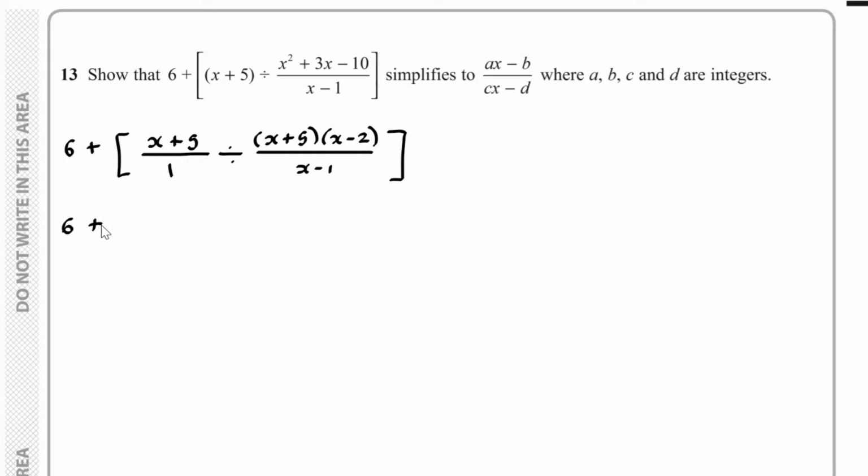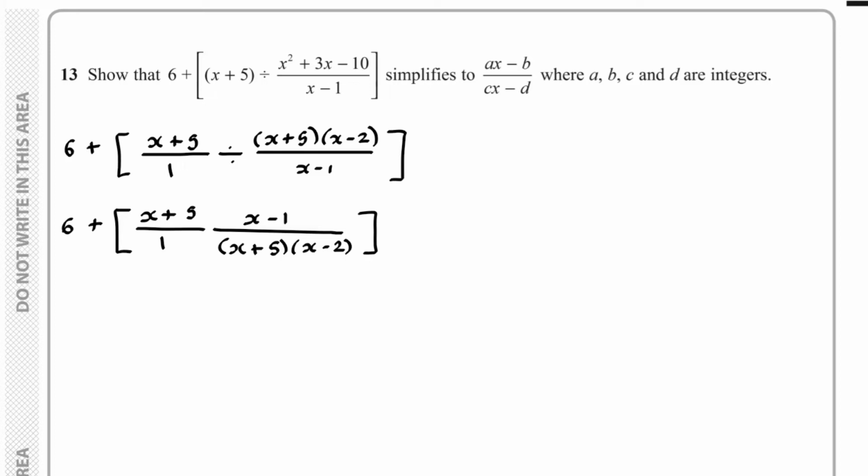So we have 6 plus x plus 5 over 1 multiplied by x minus 1 over x plus 5 lots of x minus 2.